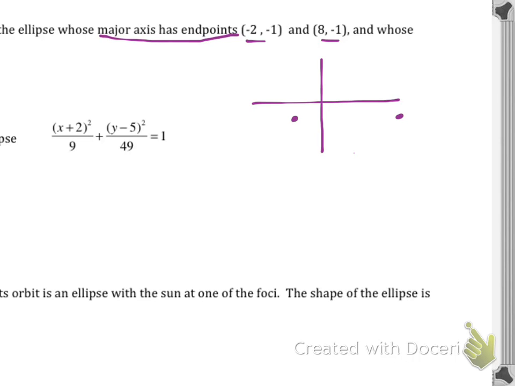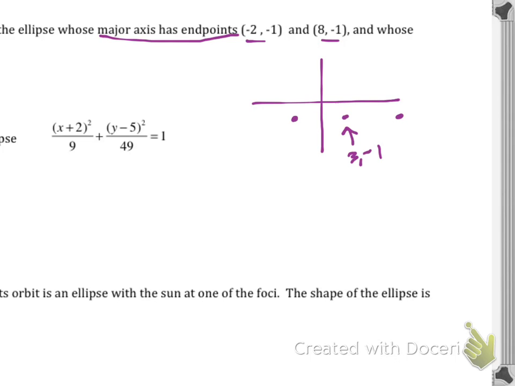It's somewhere in the middle there, 5 in from the left and 5 in from the right, because everything we do graphing an ellipse has to do with finding that center point. You already know the endpoints -2, -1 and 8, -1. If I go in 5 from the left or the right, the center is 3, -1.